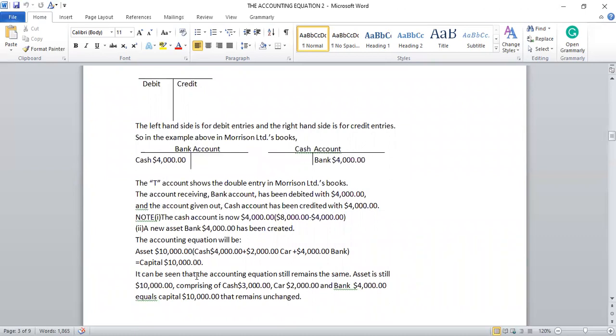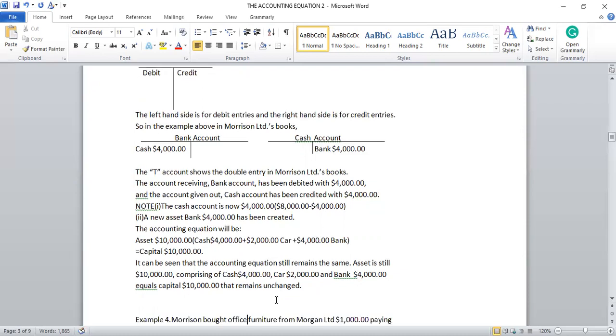It can be seen that the accounting equation still remains the same. Assets are still $10,000, comprising cash, $4,000, car, $2,000, and bank, $4,000. All will equal capital, $10,000. That remains unchanged. More examples.